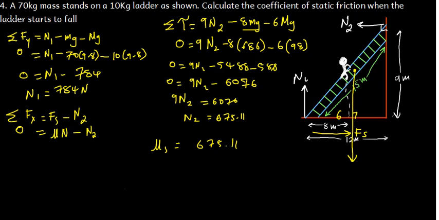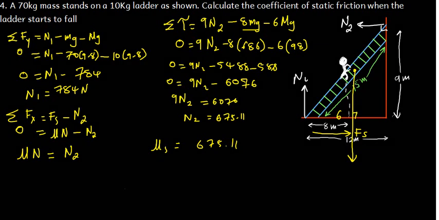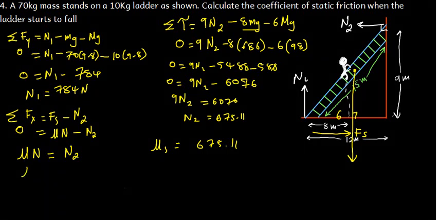That is what it gave us. Now at this point we are going to take N2 to the other side, so that will be coefficient of static friction times the normal force is equal to N2. But what normal force are we talking about? If we want to remain with mu, that is going to be N2 divided by the normal force.